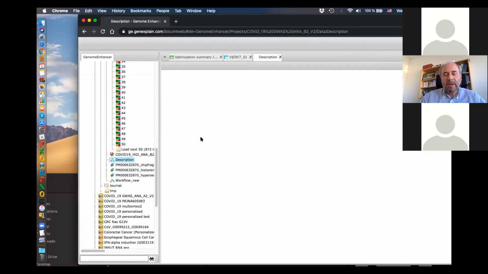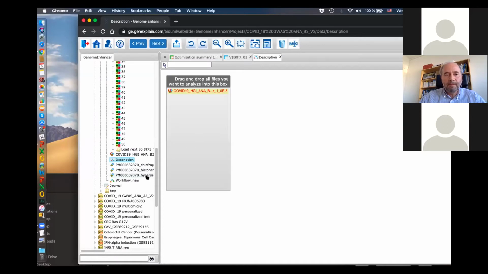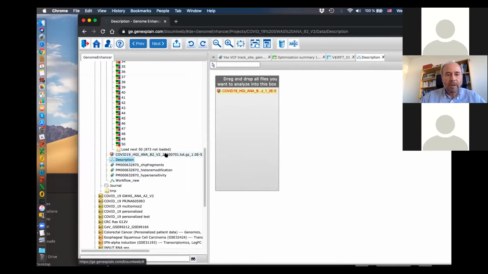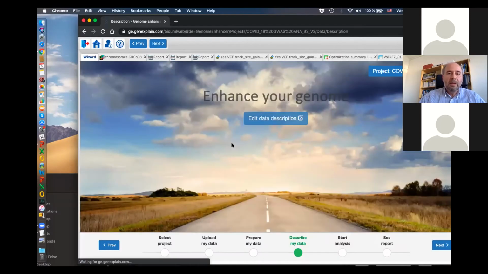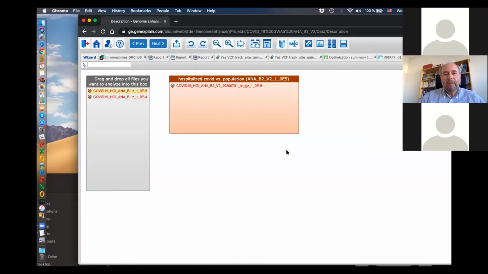Then basically we take this data, which we just imported, it's marked here, and drag it here in this gray box. One is already there, so we want to use this one. Then we press next, and here we can make a new category for our analysis.